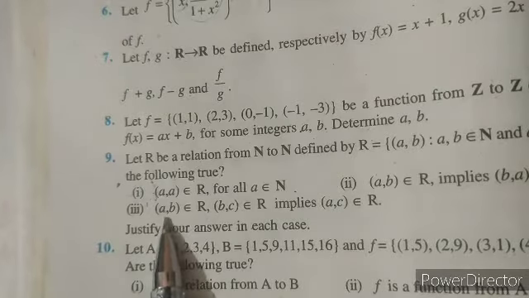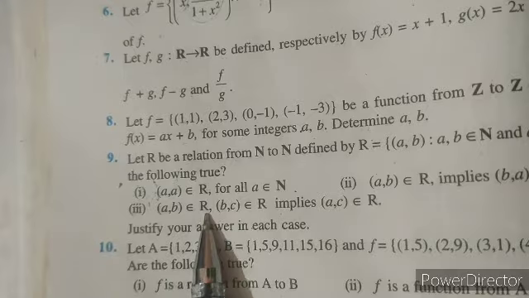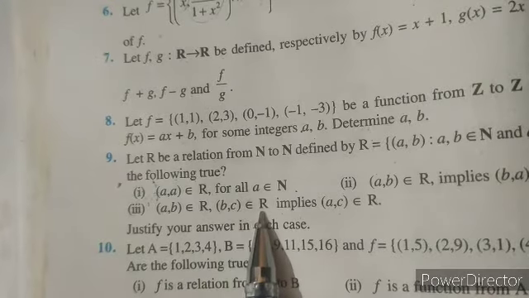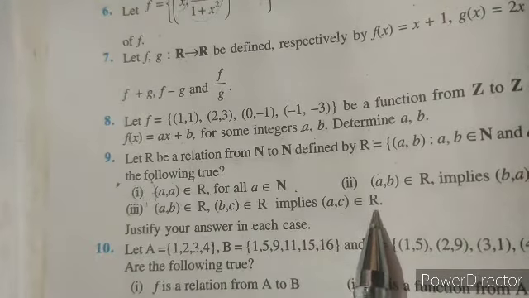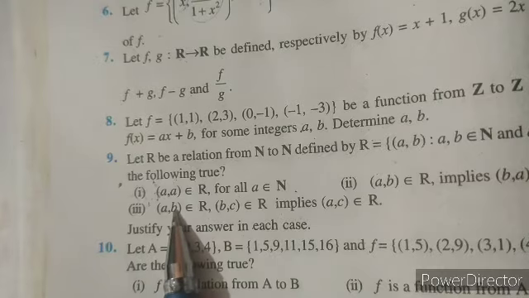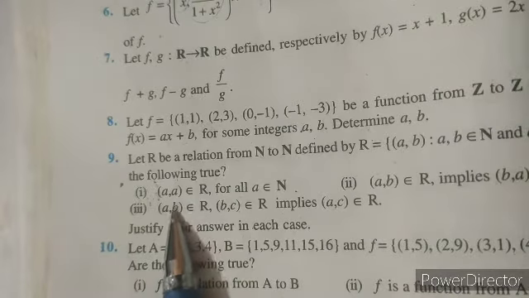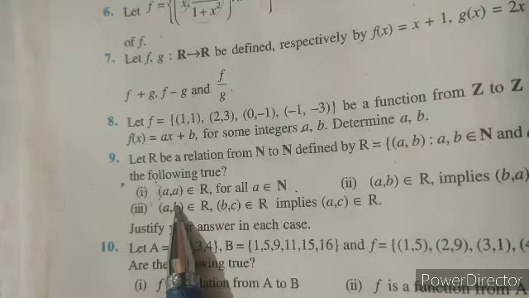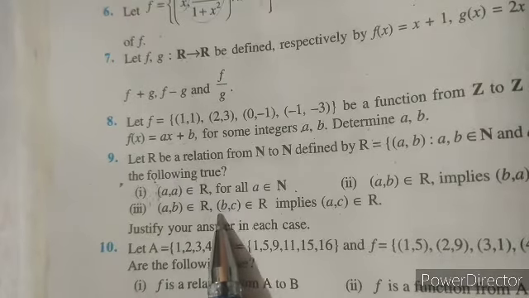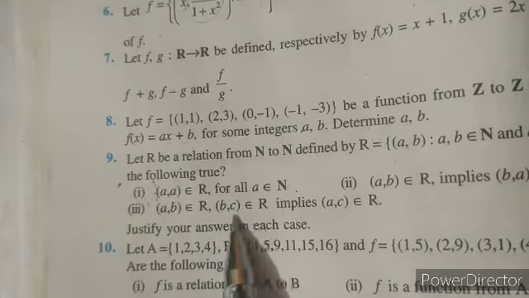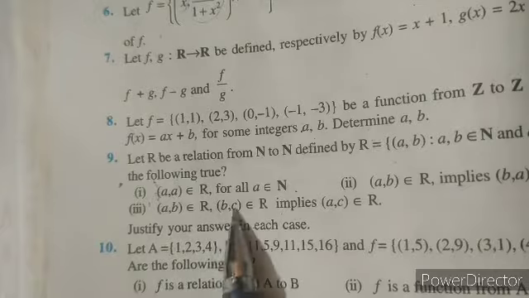Now third one is (a, b) belongs to R and (b, c) belongs to R implies that (a, c) belongs to R. Now here we have to keep in mind that the second element in the first case and the first element in the second case should be same.